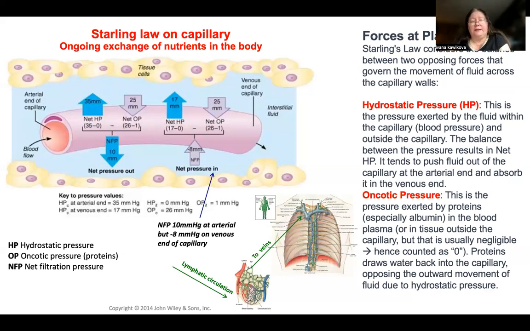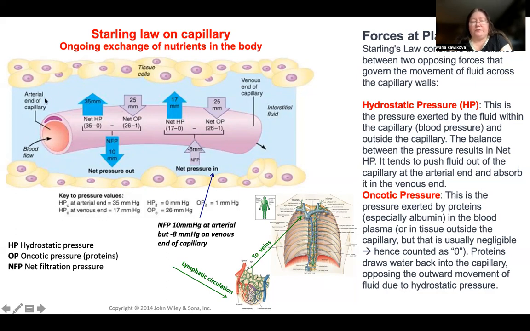So Starling was a physiologist at the beginning of the 20th century in England, and he described the forces that are happening on capillaries. So there are mainly two kinds: hydrostatic forces and oncotic pressure. Hydrostatic pressure is the pressure of the blood inside the vessel on the wall of the capillary.